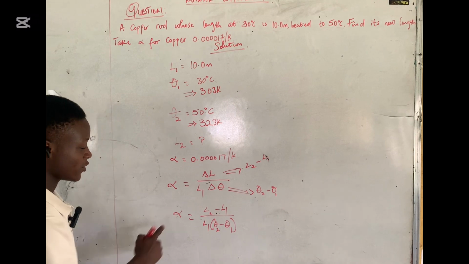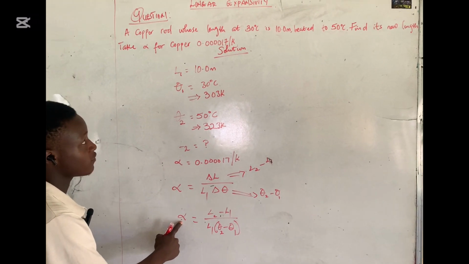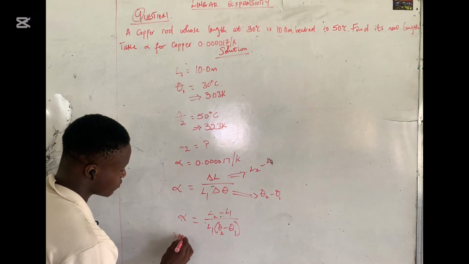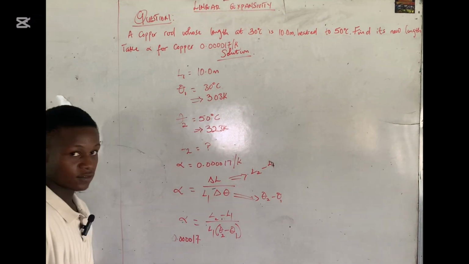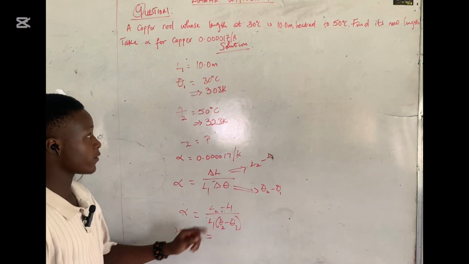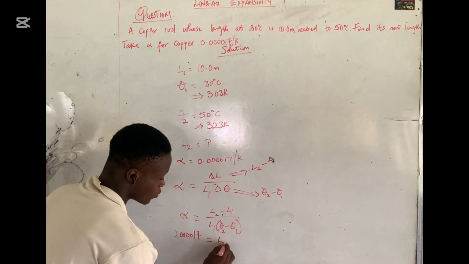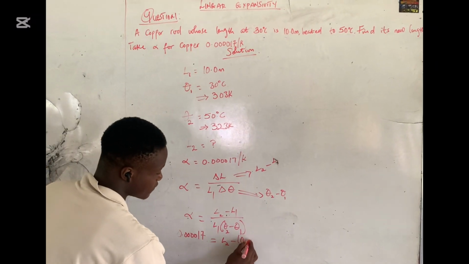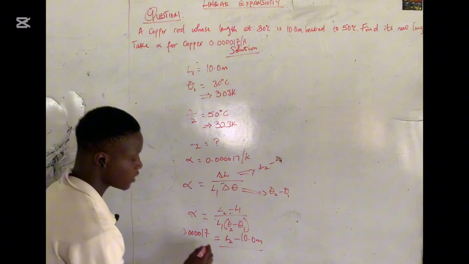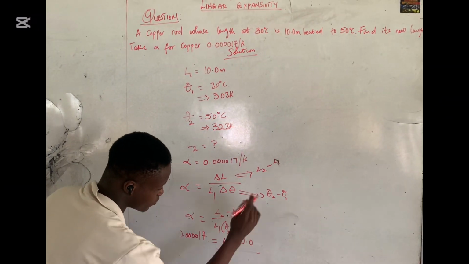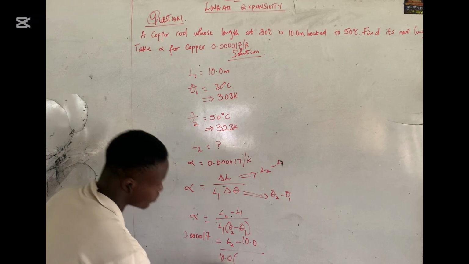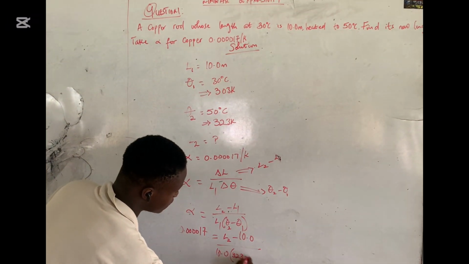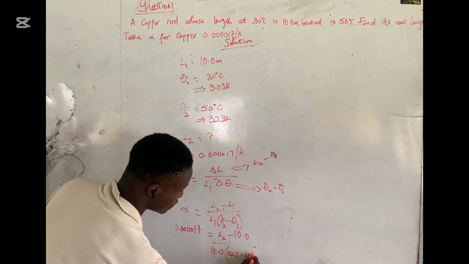Now let's continue. We have alpha, the coefficient of linear expansivity, 0.000017, which equals L2, that's what we are looking for, L2 minus L1, which is the initial length, 10.0 meter, divided by L1, 10.0 meter, into bracket the final temperature 323 minus 303.